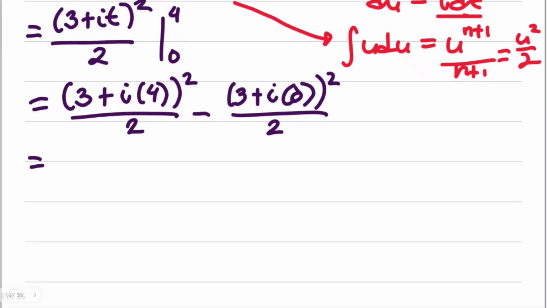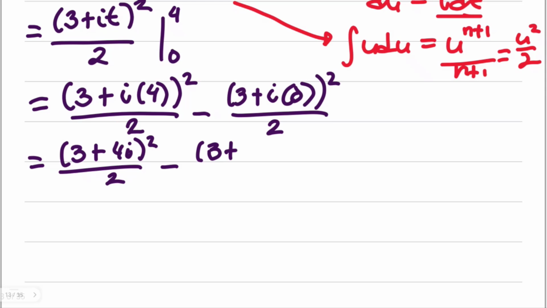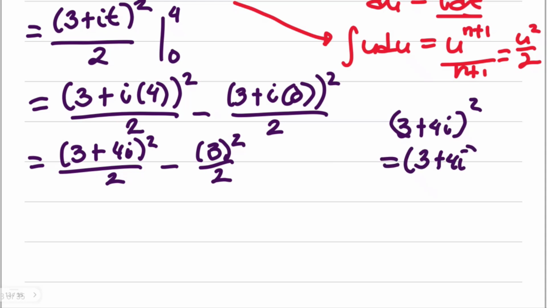This is equivalent to 3 plus 4i squared over 2 minus 3 plus 0, or you will have here 3 squared over 2. Now, 3 plus 4i squared is actually the result when multiplying that said binomial expression to itself.